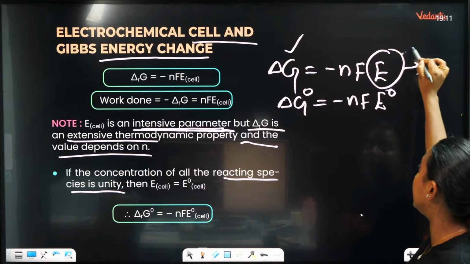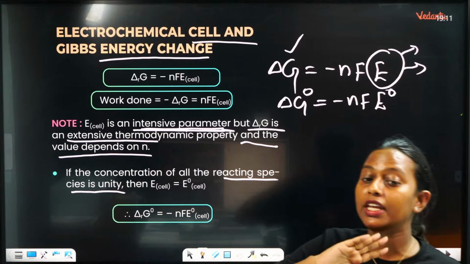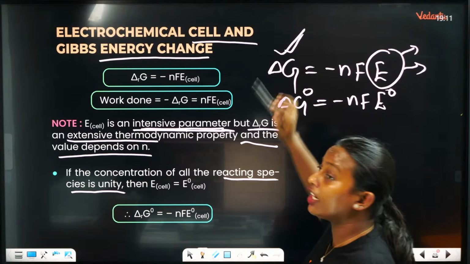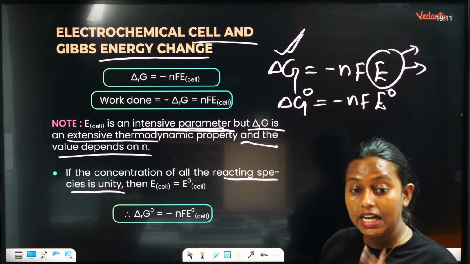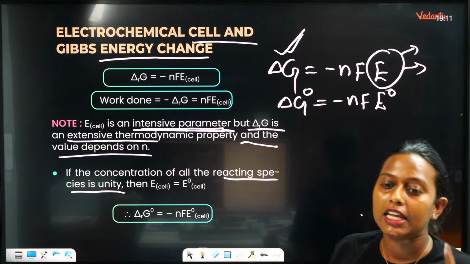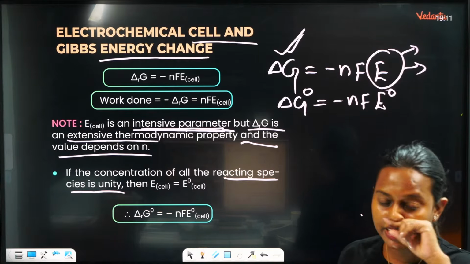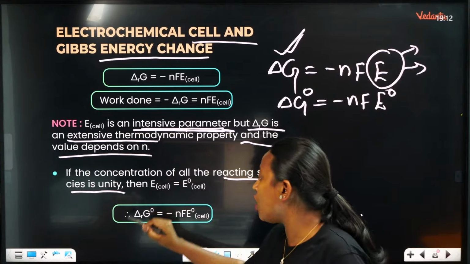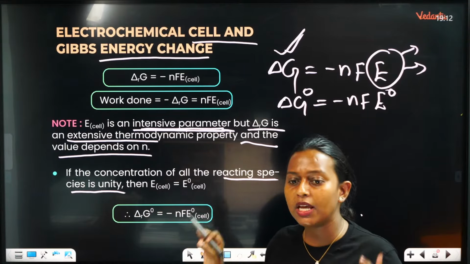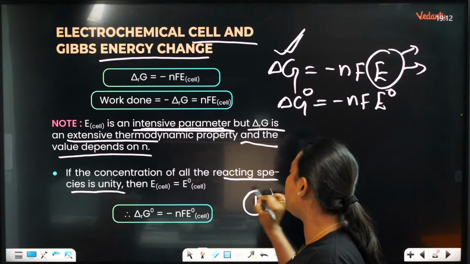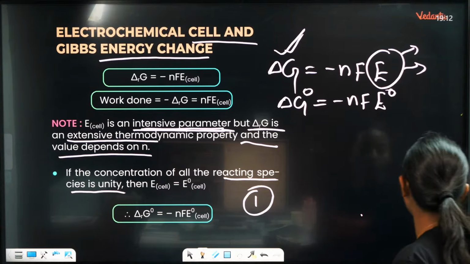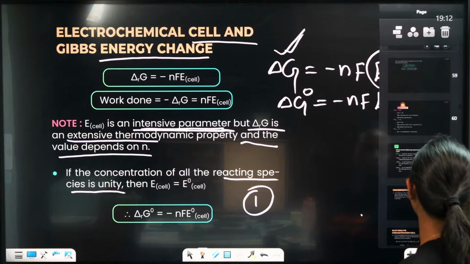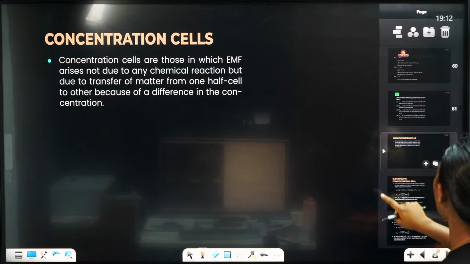For example, E is an intensive property, so E cannot be added or subtracted directly, but we can calculate in terms of delta G. Standard concentration should always be considered as unity. Okay, next we are moving to concentration cell.